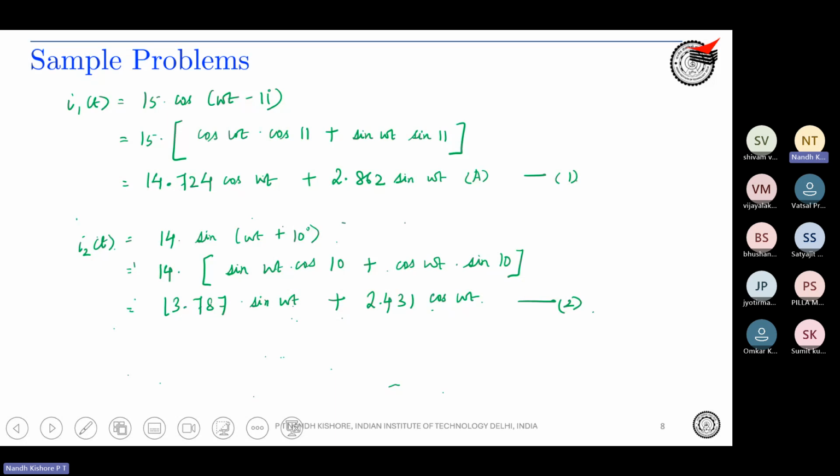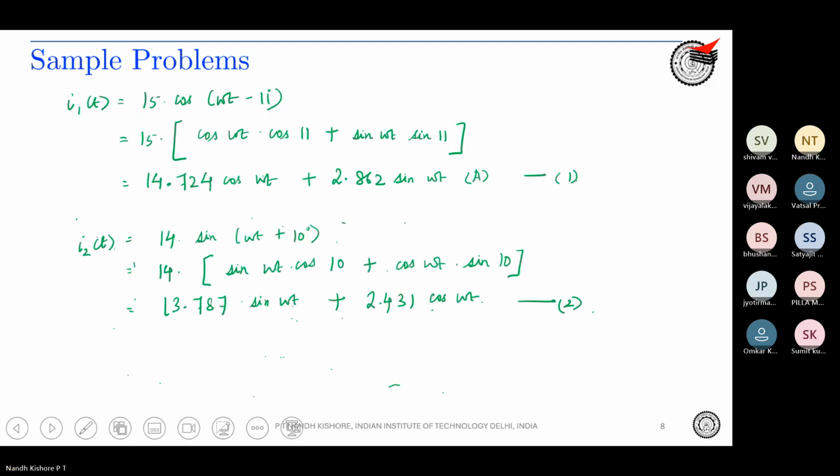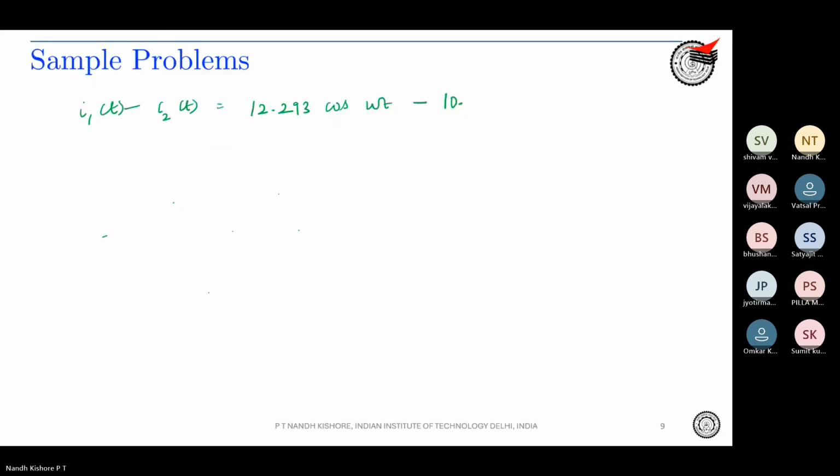So this gives you 12.293 cos omega t, and then for I1 minus I2 we are writing 2.862 minus 13.787, which is minus 10.925 sin omega t, correct? So this is my difference.